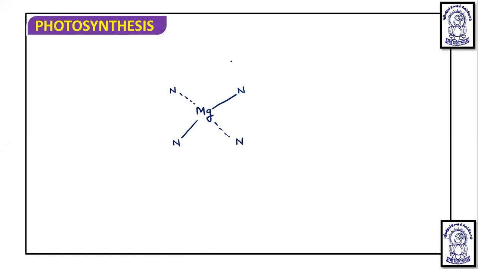Now, apart from this, the nitrogen are attached to two carbon each, and these are further attached to two carbon, and these two carbon are also linked to each other.